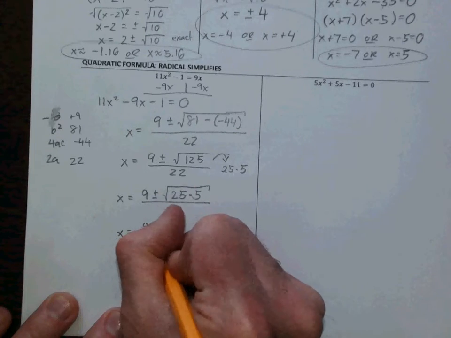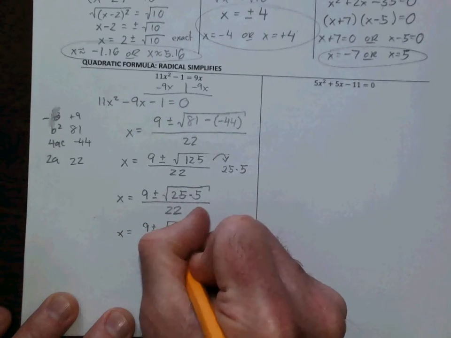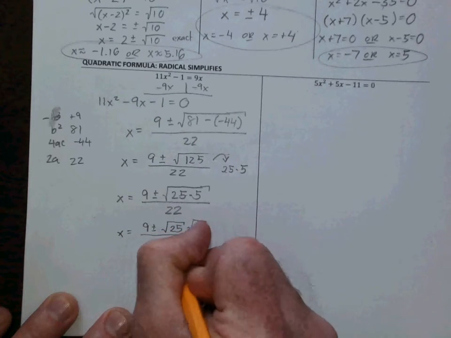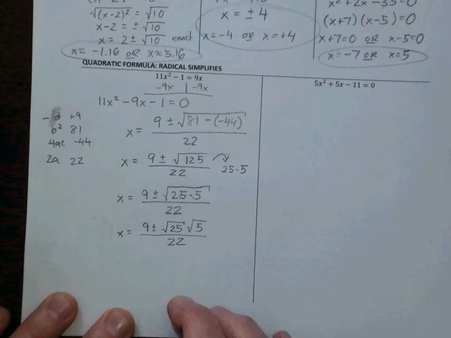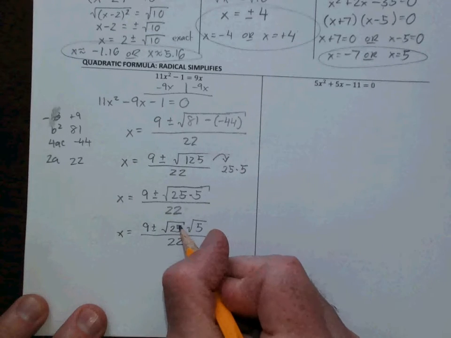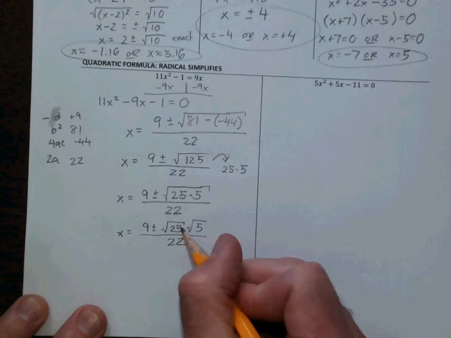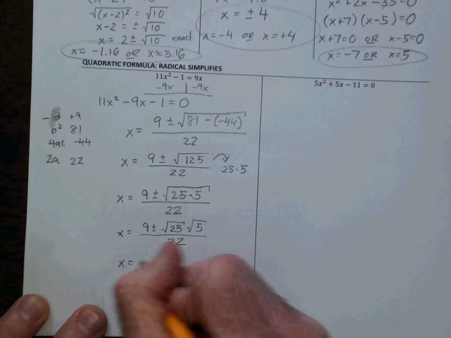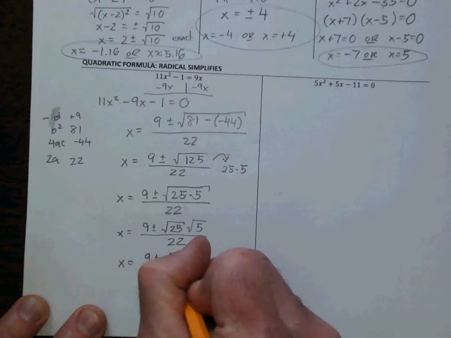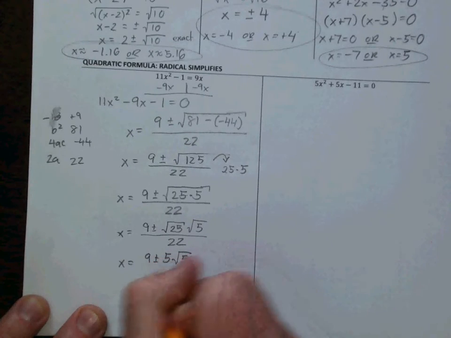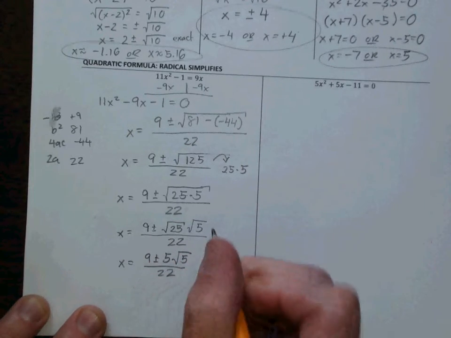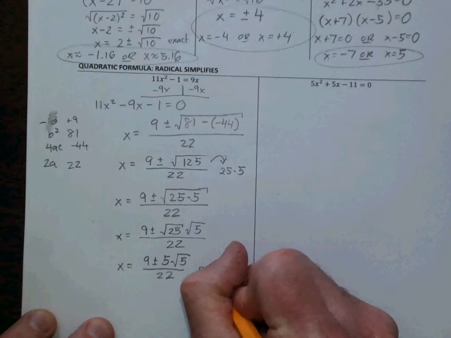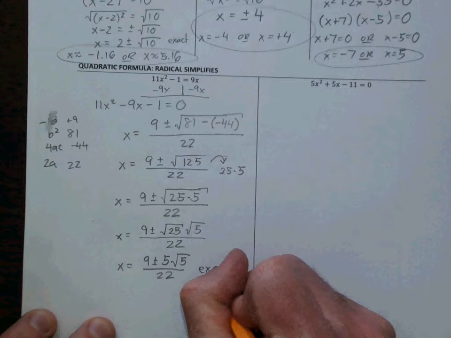So this is 9 plus or minus the square root of 25 times the square root of 5 all over 22. And simplifying the square root that you know, and I always write the perfect square first, x is equal to 9 plus or minus 5 square root of 5 all over 22. This is the exact simplified solution.